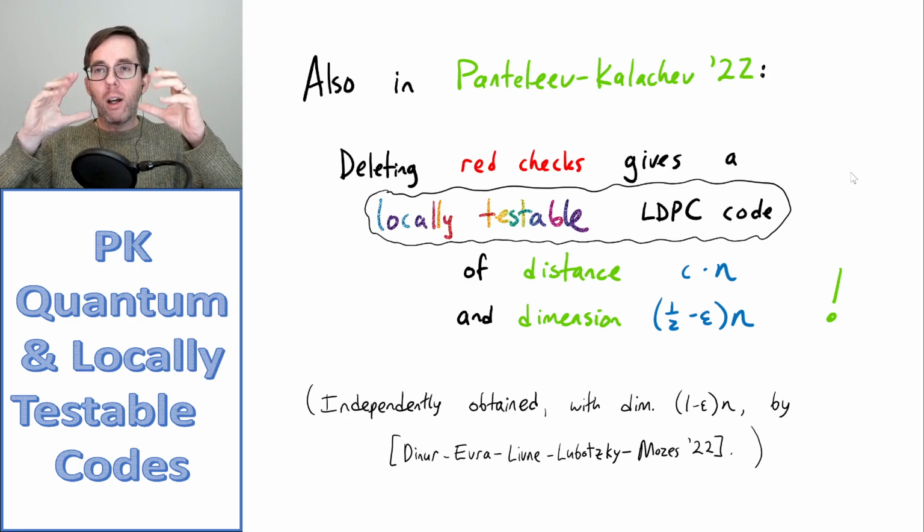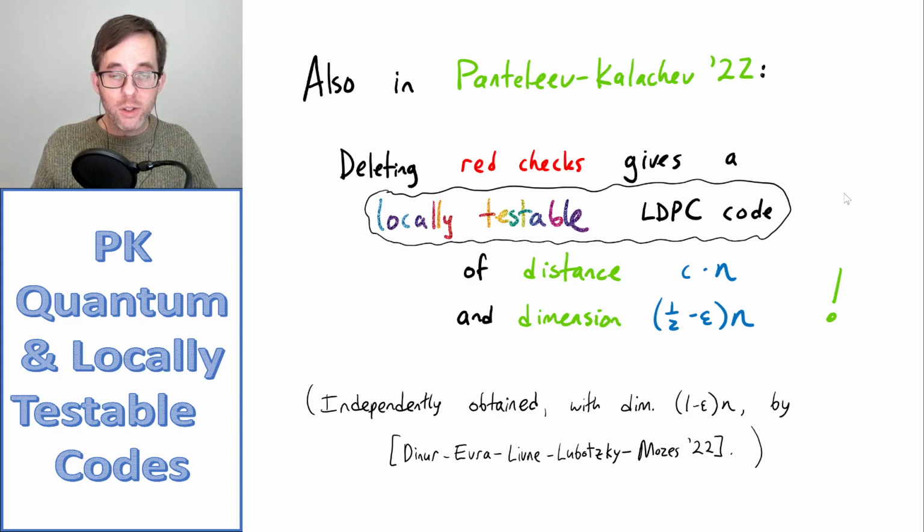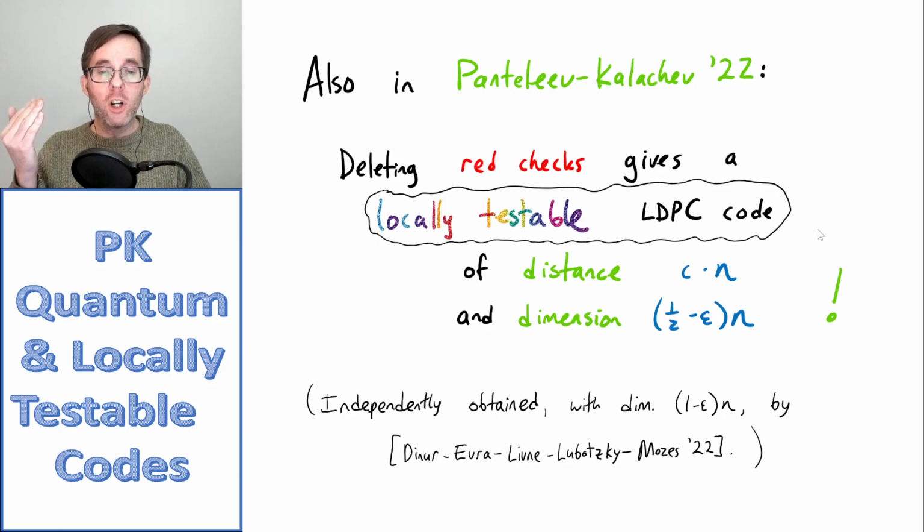They have one parameter setting for their quantum LDPC codes and a slightly different parameter setting for their locally testable classical LDPC codes. But basically, the same construction and practically the same analysis gives you these asymptotically good LTCs with constant relative distance and constant dimension, and even dimension almost as large as a half times n.